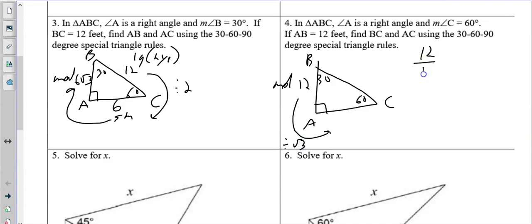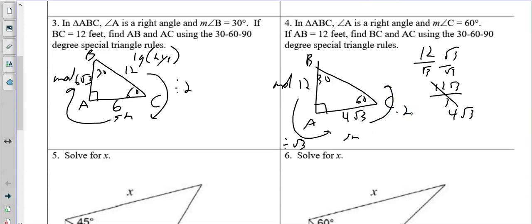Over here, 12 divided by radical 3. We need to rationalize. That simply gives me 12 radical 3 on the top and 3 on the bottom. But 3 goes into 12 4 times. So the small side is 4 radical 3. And then remember, to go to the large side, all we do is double it, just doubling the outside number, 8 radical 3. And that's the larger side, the hypotenuse.